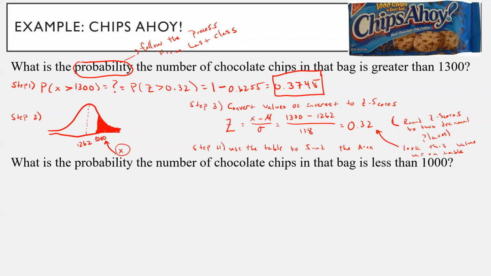All right, so not the worst, but not the easiest thing. There's a lot of steps to it, and you can easily make a mistake. All right, before I go on to the next question, does anybody have any questions about this problem I just did?